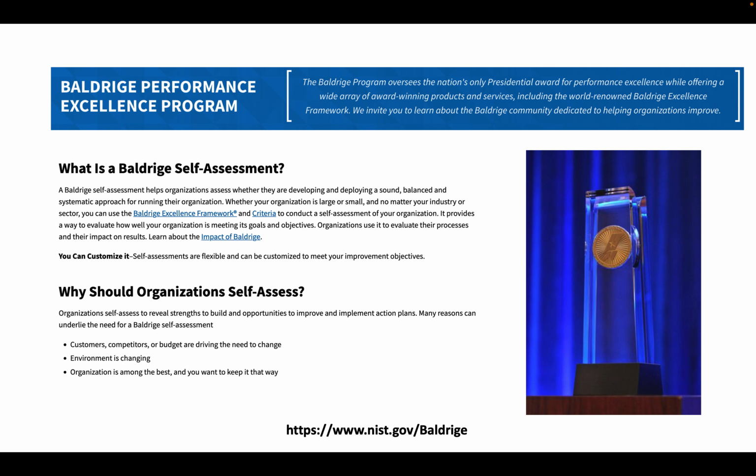The companies are being judged in 7 areas. 1 is leadership, 2nd is strategic planning, 3rd is customer and market focus, 4th is measurement, analysis, and knowledge management. 5th is human resource management. 6th is process management. And finally, results themselves, number 7. So controlling how well the organization measures and analyzes its processes is a key criteria for winning this prestigious award.